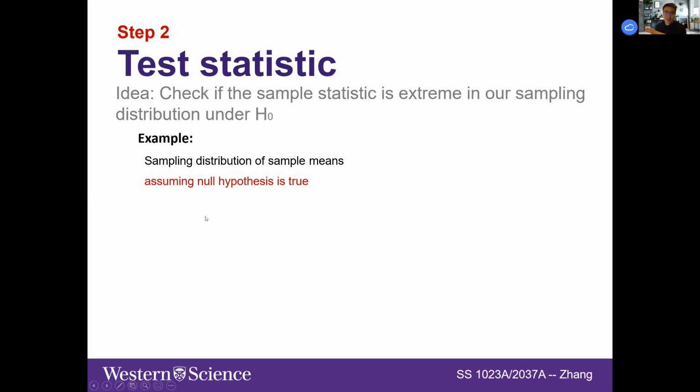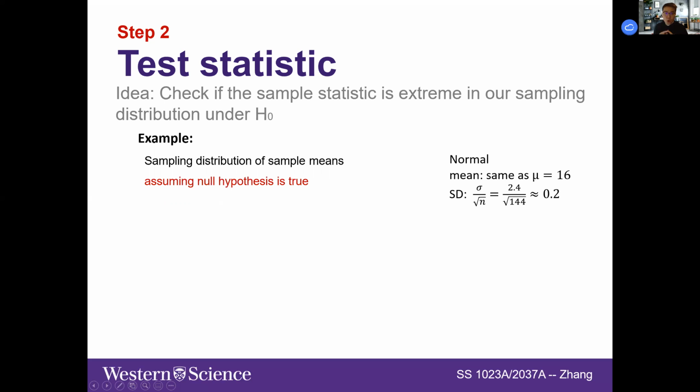This is the knowledge that we learned in, I believe, lecture 9, or lecture 10, where we learned how to figure out the sampling distribution. Just in case you forget how we figure out the sampling distribution, there's a 3-step procedure.